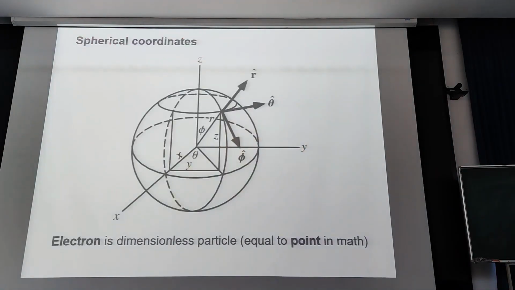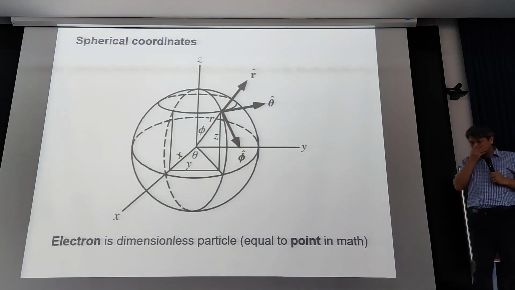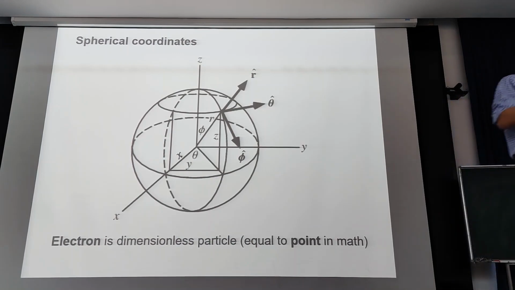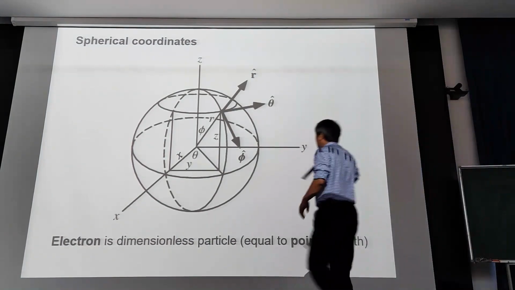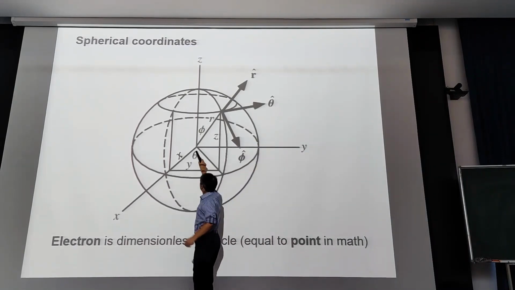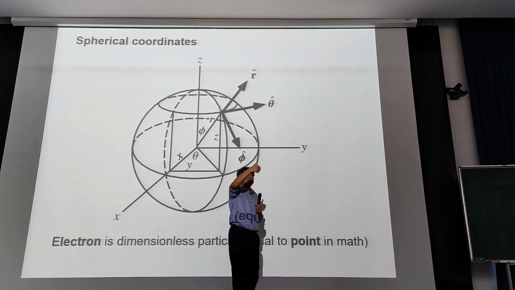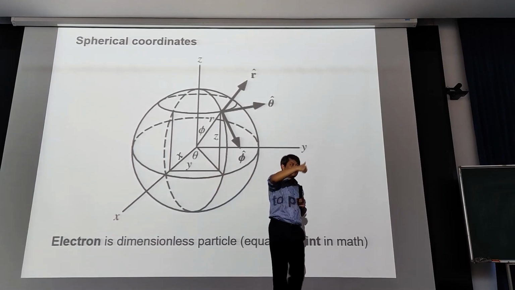Now, so this is a little bit mathematics, right? Back to the case of hydrogen. You have only one electron. Imagine that here you have the nuclei of the hydrogen with one proton. Okay?